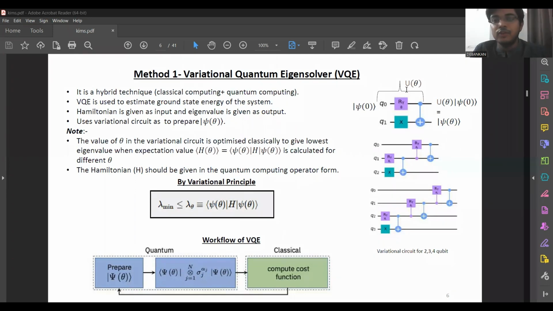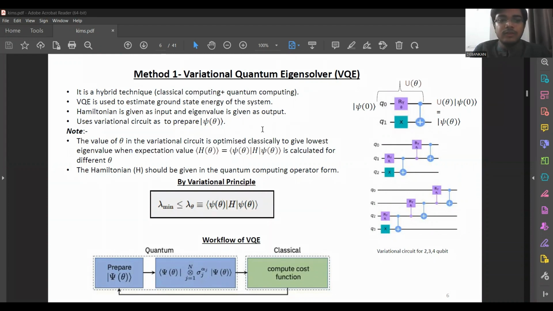So u of theta is the unitary matrix which is applied on Psi of 0 to give us Psi of theta. Now you see the state of the qubit depends on the parameter theta, just like in our variational principle, the wave function depended on a free parameter, the exponential of minus b. So here the free parameter is theta.